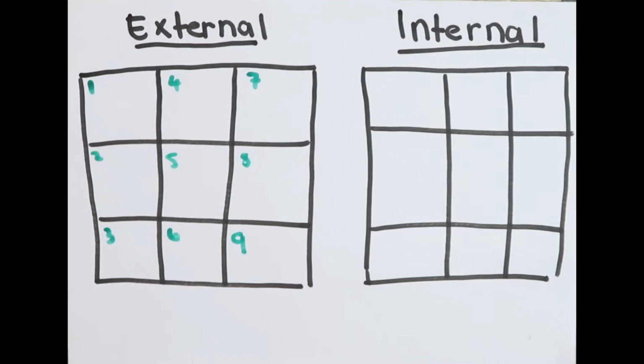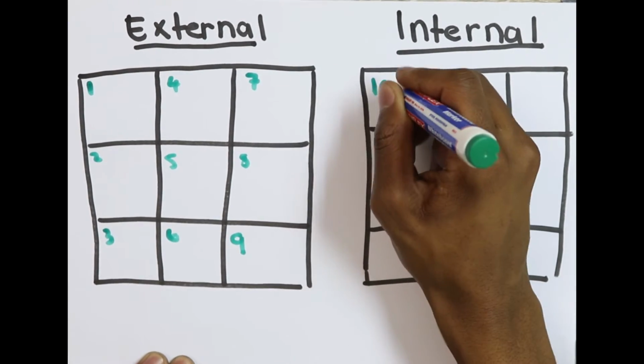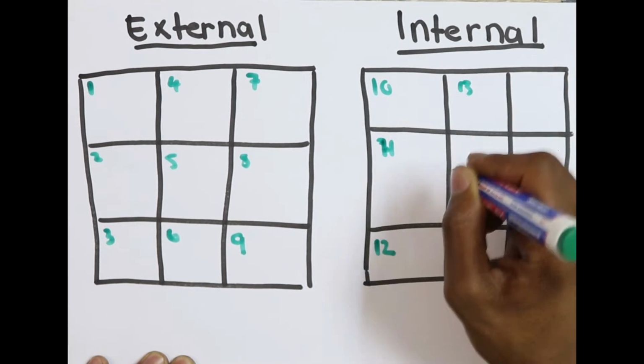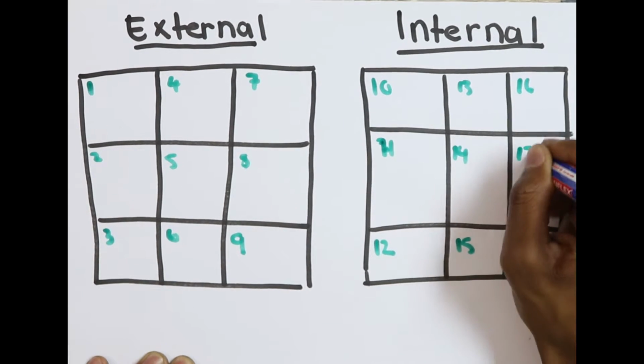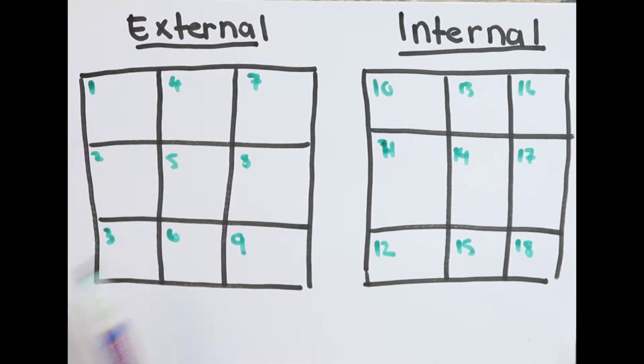The same will also happen for the internal side, all the way up to number 18. So this is memory, and these are the shelves that the Arduino has to put its information based on how you've programmed it.